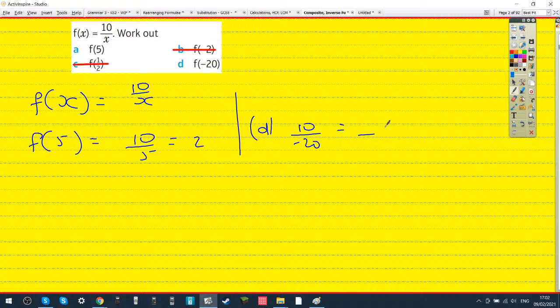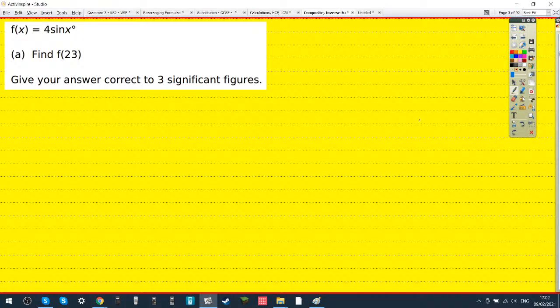Would it just be 10 over minus 20? Divide them both by 10. 1 over minus 2, minus a half. Yeah, minus a half. So it's just substitution, basically.